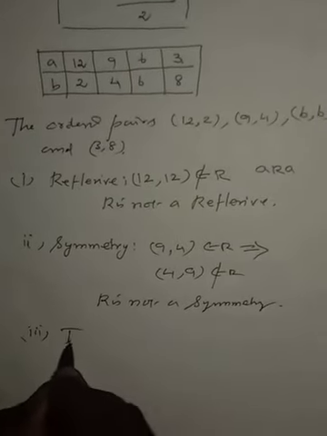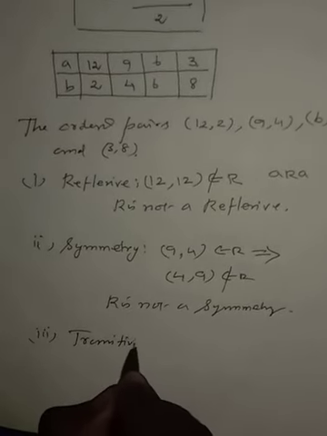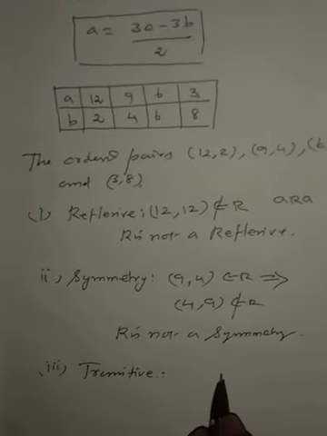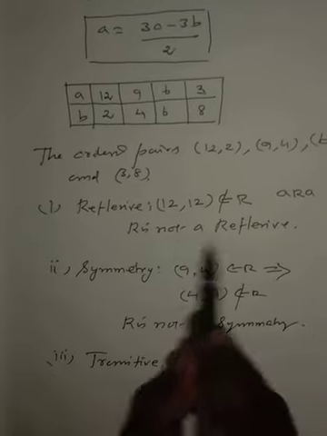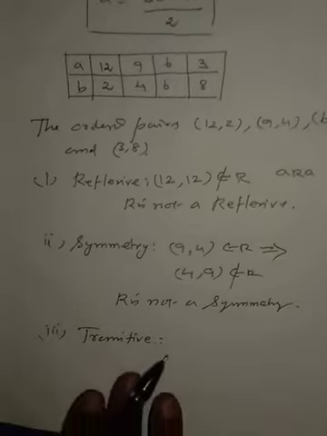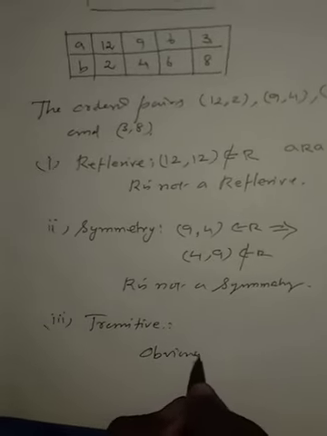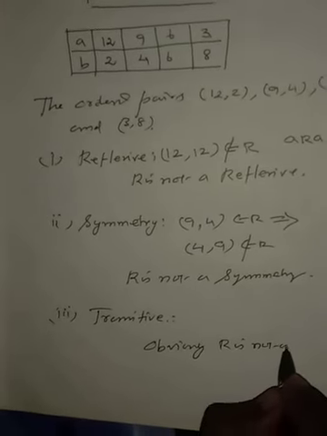Number 3, transitivity. Transitive or transitivity. The first is not reflexive, the second is not symmetric. Obviously here R is not transitive.